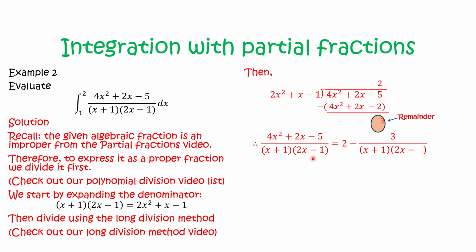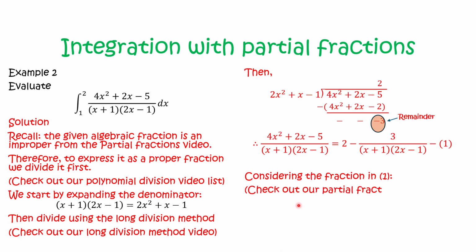This then means that we can express our fraction in this particular manner. That is equal to 2 minus 3 over (x plus 1) times (2x minus 1), and we label this equation 1. Now, considering the fraction in 1, we can also partition this fraction into 2 fractions.